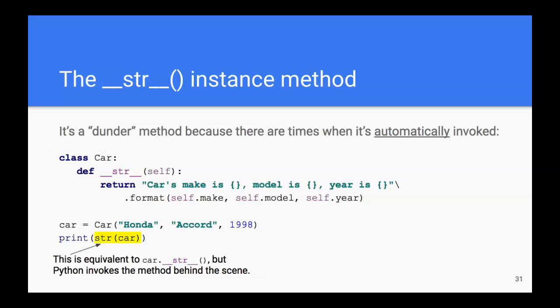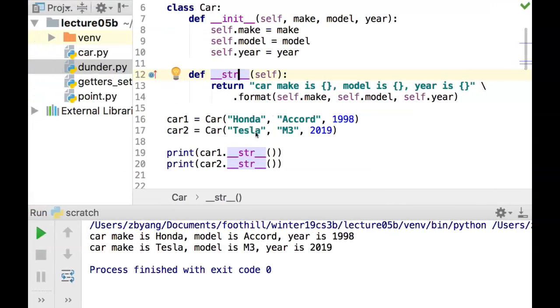Now, why does this have to be a dunder method? I mean, why can't we just simply call it something else, right? Why is it a dunder? What's automatic about this? Well, it turns out most of the time you don't explicitly invoke dunder string.